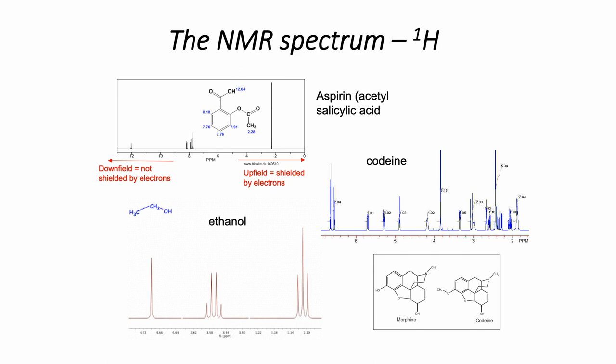And now this is tricky. Why do you not get 3 peaks for the OH, even though it's got 2 protons next to it? OH and NH have exchangeable protons, and so the proton is coming on and off that molecule in a faster time period than the NMR measurement.